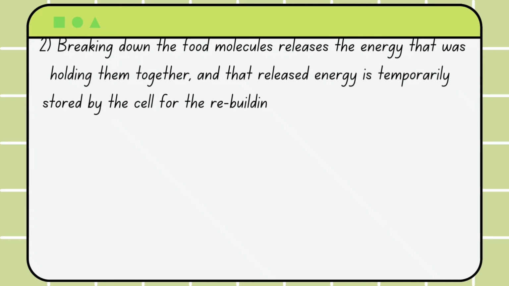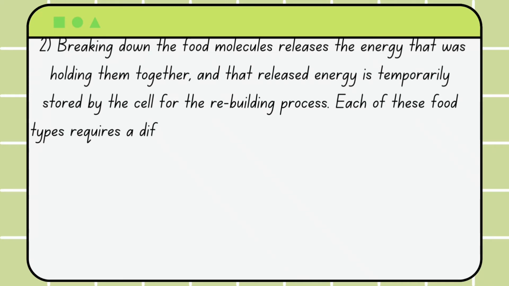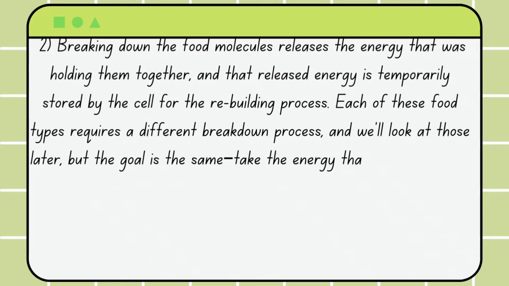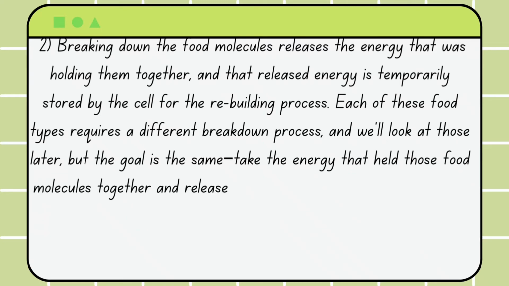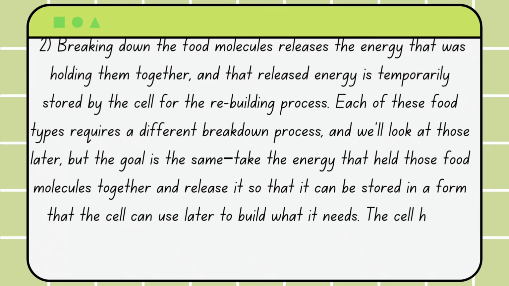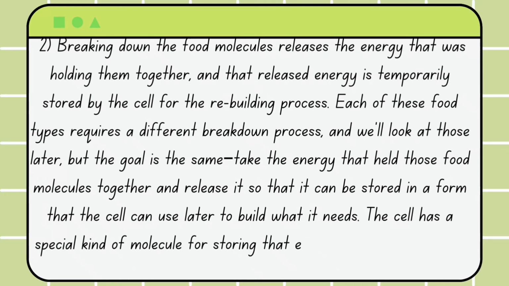Each of these food types requires a different breakdown process, and we'll look at those later, but the goal is the same: take the energy that held those food molecules together and release it so that it can be stored in a form that the cells can use later to build what it needs. The cell has a special kind of molecule for storing that energy, and it's called ATP.